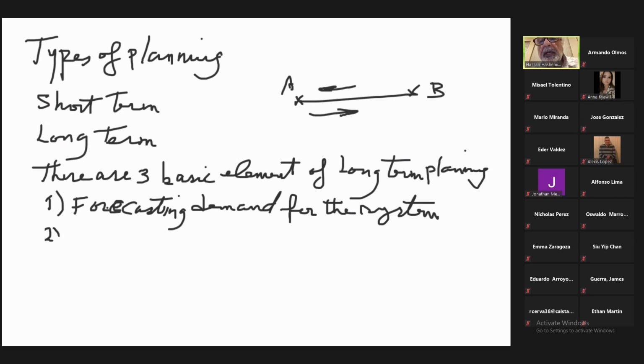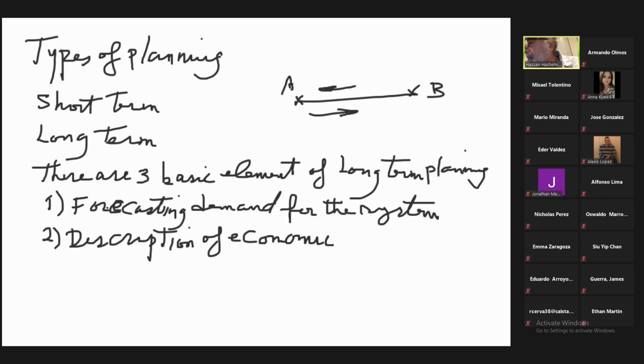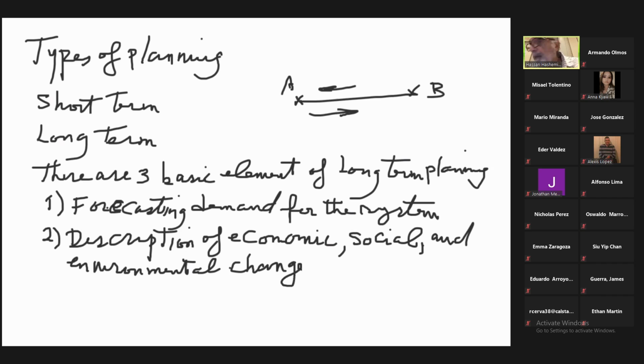And the second thing that we do in long-term planning is description of economic, social, and environmental changes that accompany the development of the system.